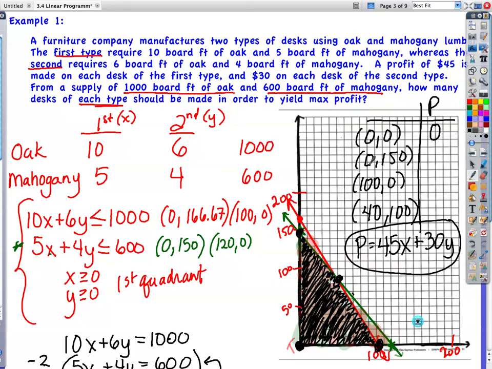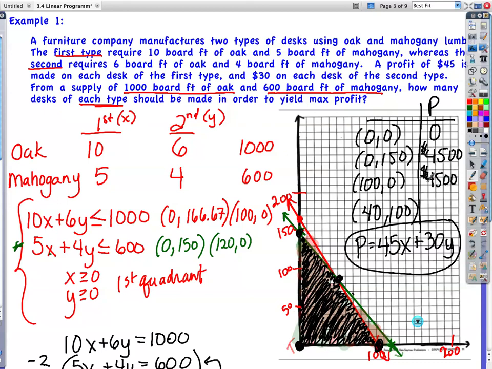Now, if you make no desks of the first type, so this is 0, and you make 150 of this other type, so 30 times 150, let me grab a calculator here. That'd be $4,500 is your profit. Okay. 100 for x, so 100 times 45 is 4,500 as well.